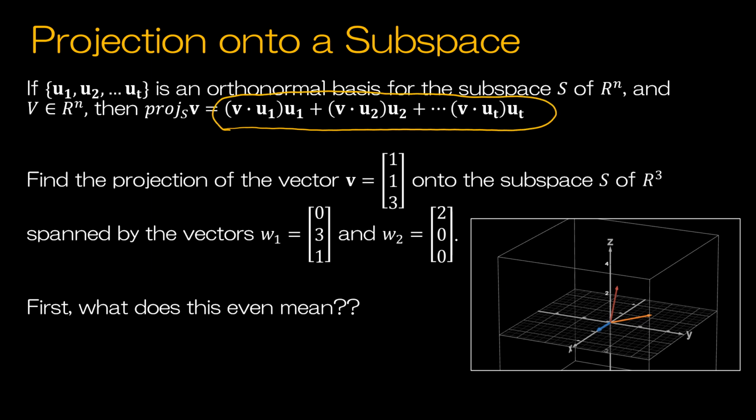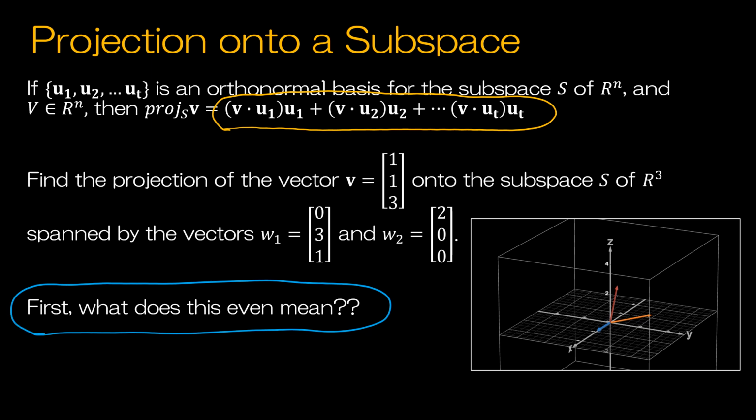Now, this gets really mathy and wordy, so let's look at an example. But before we look at an example, what does this even mean, to find a projection onto a subspace? Well, what we were doing before is we were finding an orthogonal projection onto another vector.